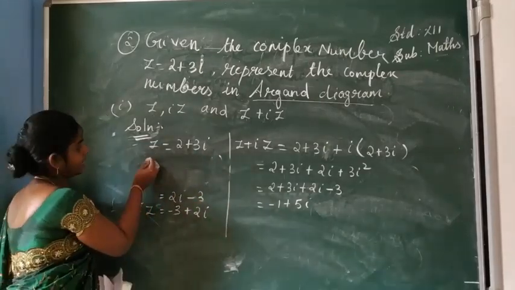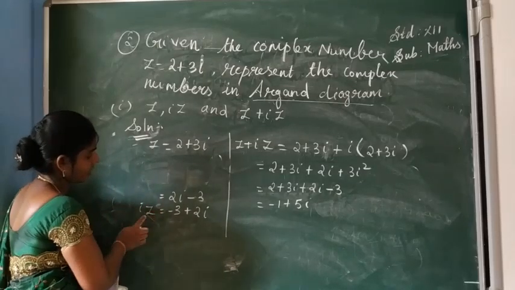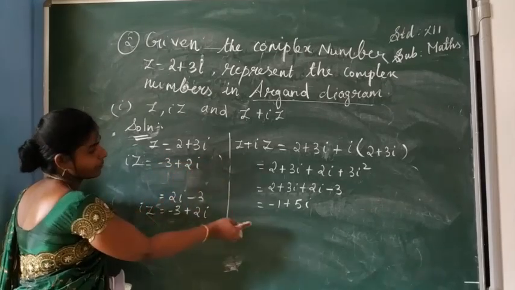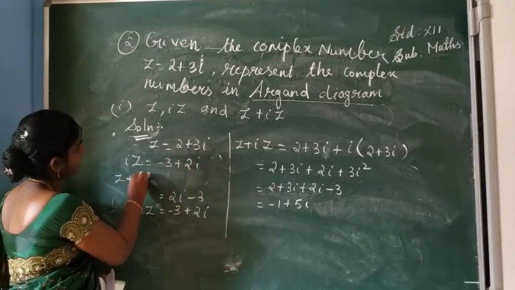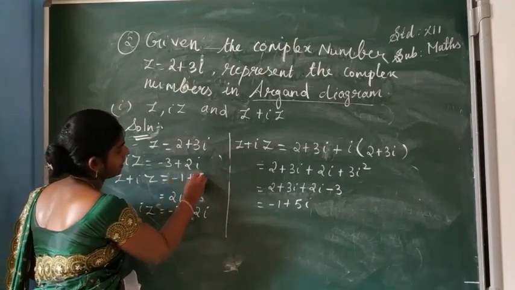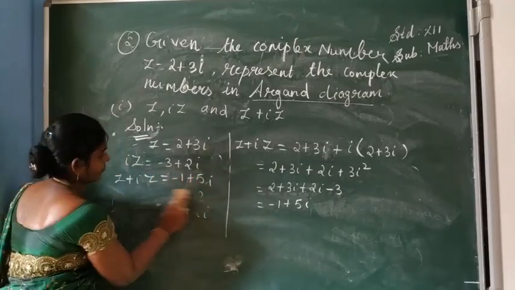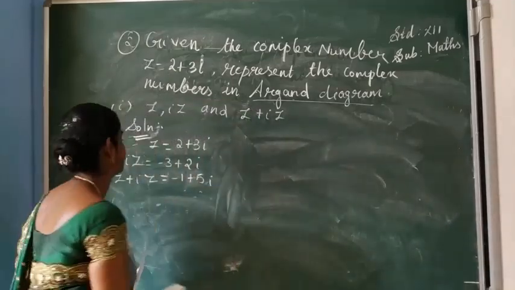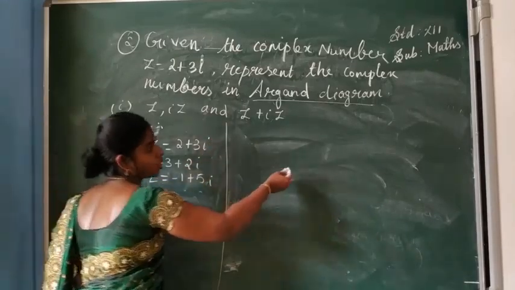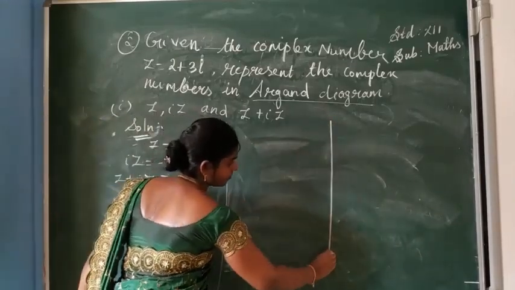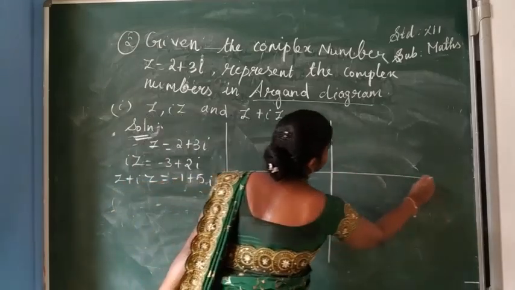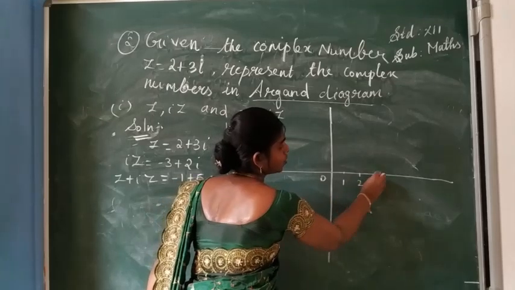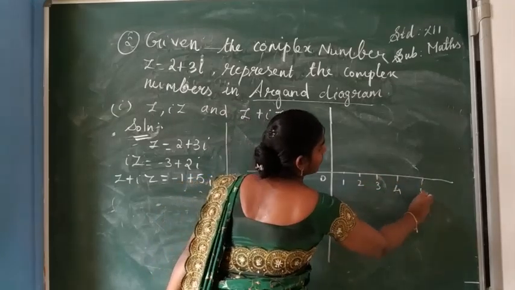So inside we can write the answers for I Z equal to minus 3 plus 2I and Z plus I Z, the value is minus 1 plus 5I. You can plot the graph. Zero, 1, 2, 3, 4, 5.